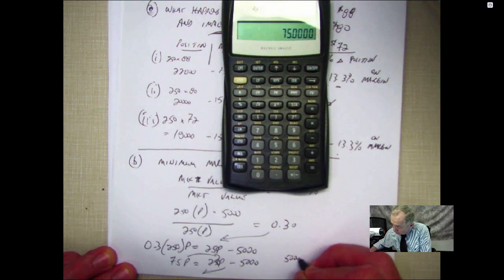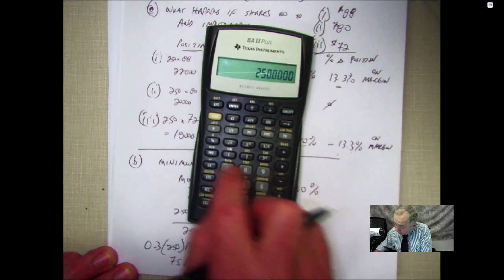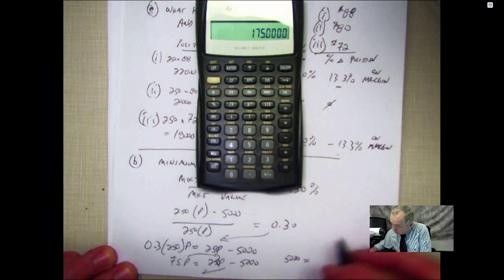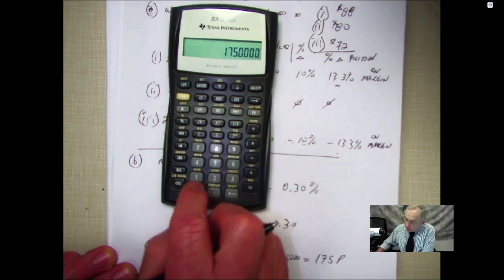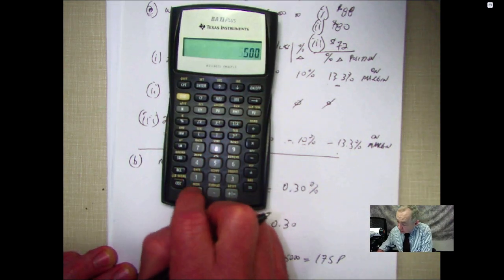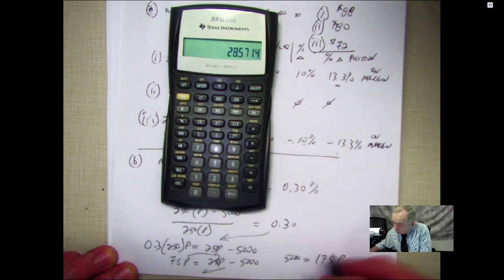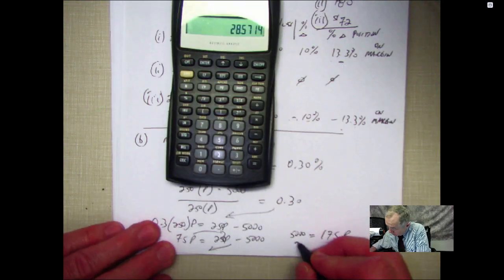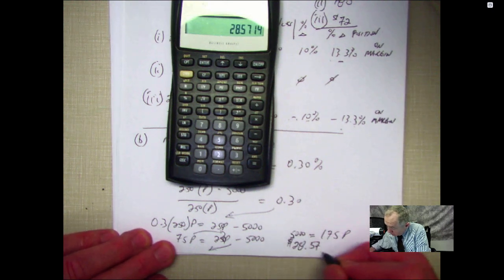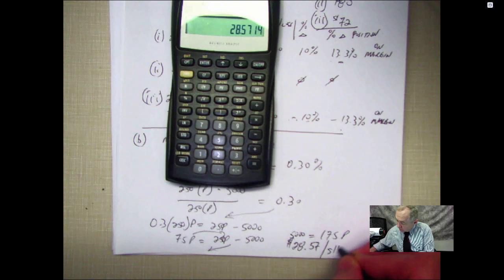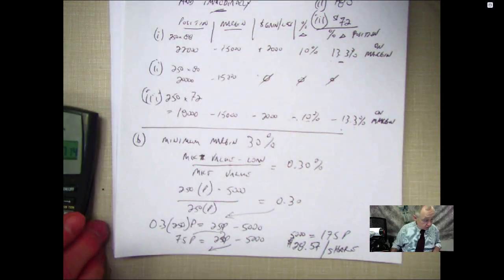So 5,000 is going to equal 250 minus 75, 175P. Divide by 175 on both sides to clear. $28.57 per share is your limit, and you'll have a margin call.